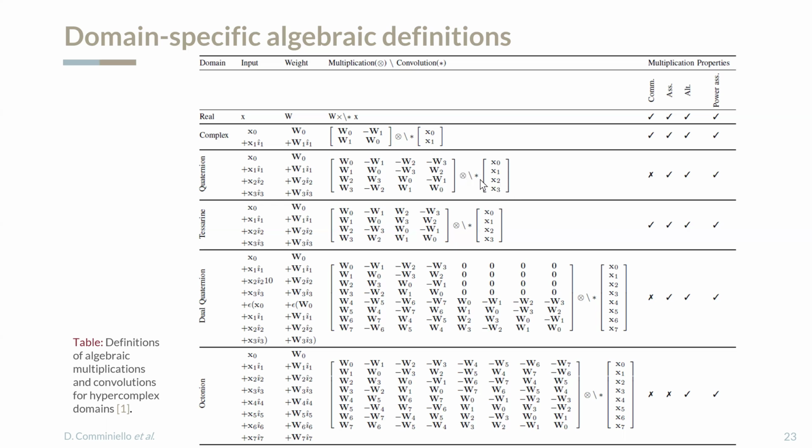What is different is that you have this operation, which is defined based on the multiplication table coming from the algebraic property. So basically, we are learning these 4 components, W0, W1, W2, and W3, and then just assembling this matrix.